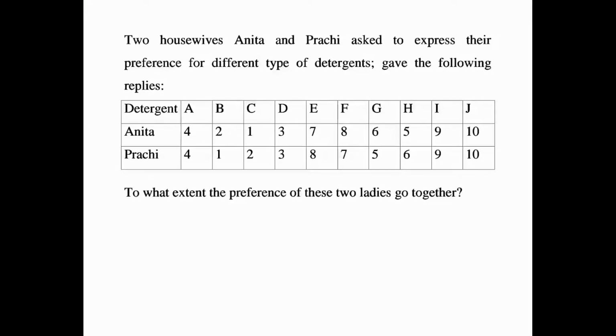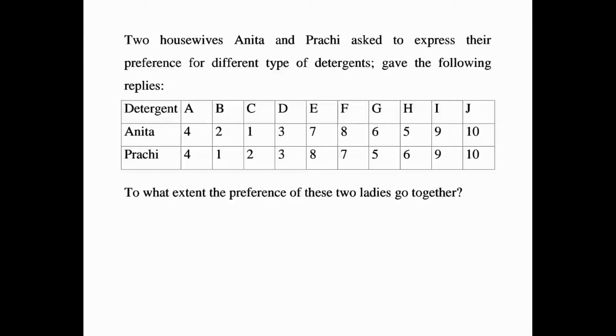In this problem, two housewives, Anita and Prachi, were asked to express their preference for different types of detergents and gave the following reply. The detergent name is A. Anita gives rank 4 to detergent A, and Prachi also gives rank 4. Similarly, for detergent B, Anita gives rank 2 and Prachi gives rank 1.